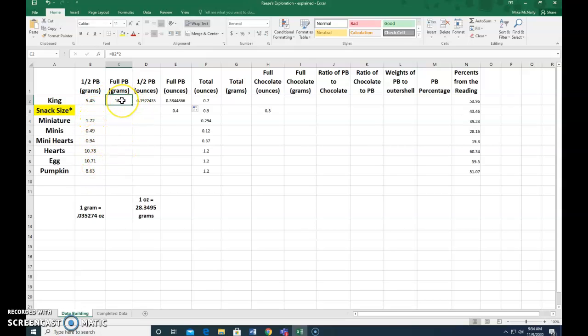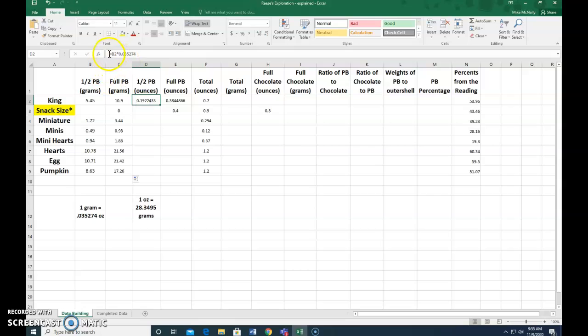So I can click on the cell, put my cursor over that little green square, and it becomes a plus sign. Once it's a plus sign, click, drag, and it completed all those for us. And you can double check them, but they're all right.